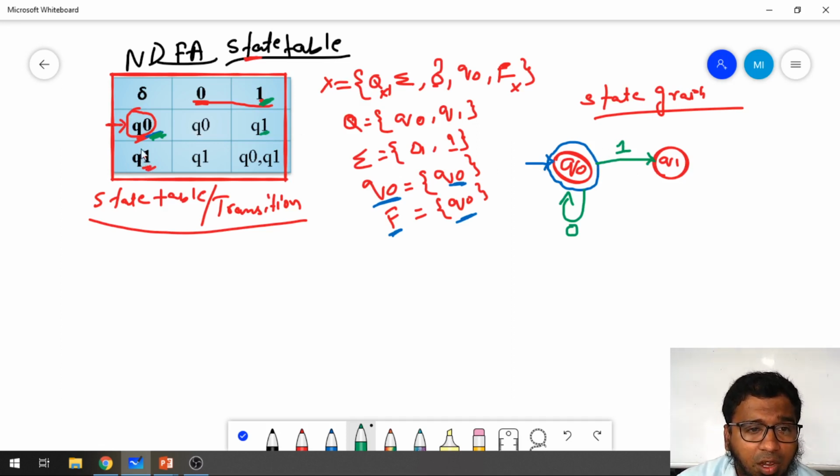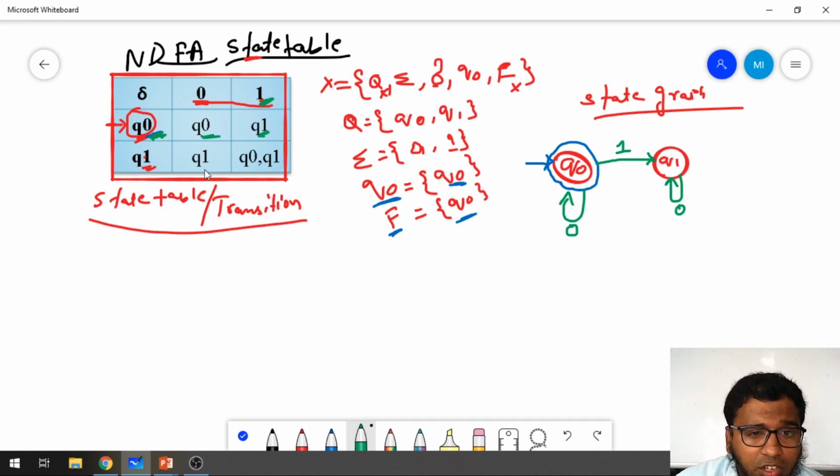Next is Q1. We finished both of these. Now, go to Q1. From Q1, for 0, the label is 0. So, where is it going? Q1 only. Q1 on 0 goes only to Q1.